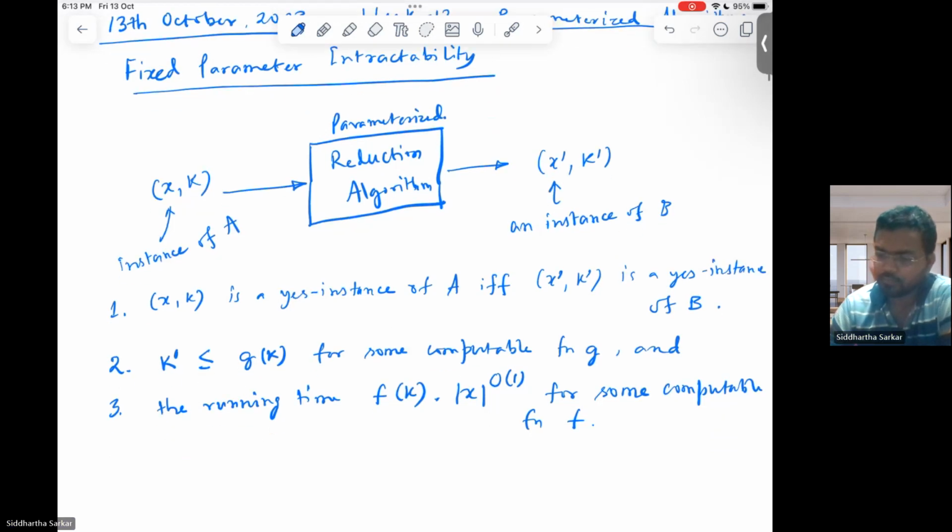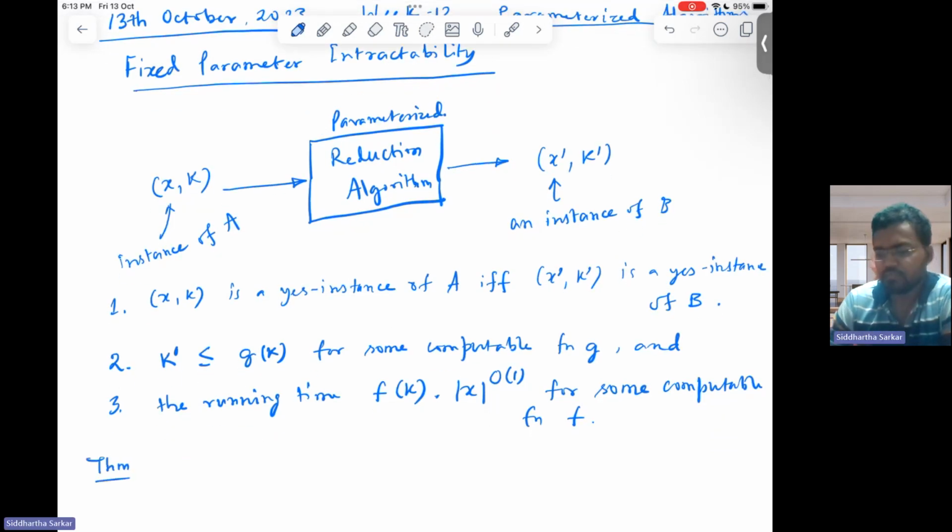So there is a theorem. The theorem says that if there is a parameterized reduction from some problem A to some problem B, and B is fixed parameter tractable, then A is fixed parameter tractable as well.